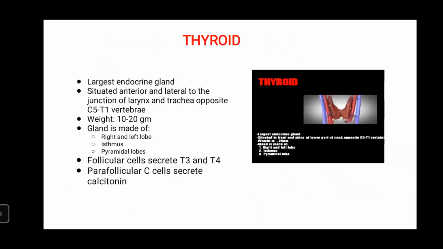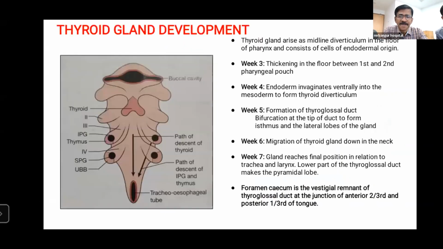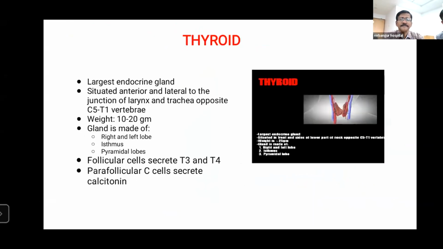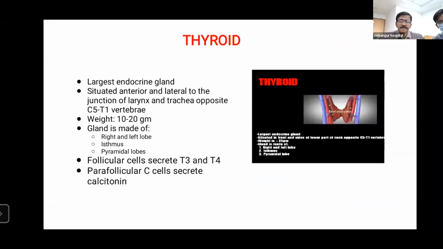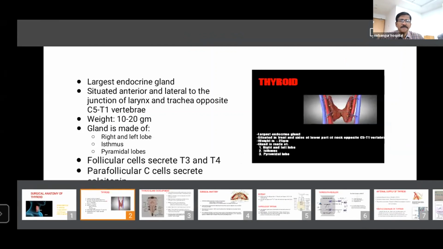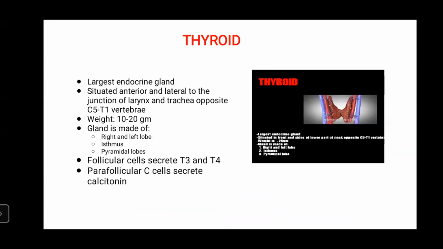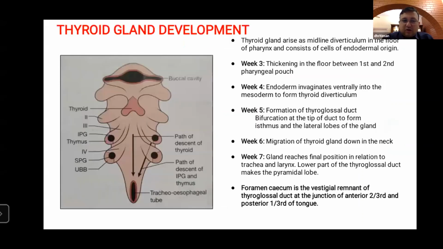Thyroid is the largest endocrine gland situated anterior and lateral to the junction of larynx and trachea. Aditi, your audio is not very clear. Please come closer. Hello. Better. Sir, is it okay? Yeah, okay. Speak a bit loudly.